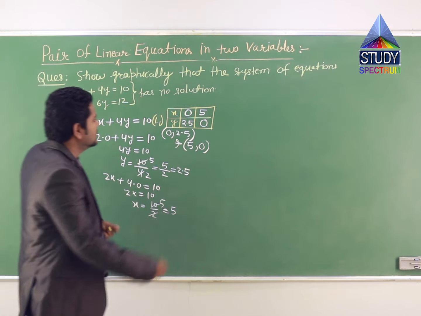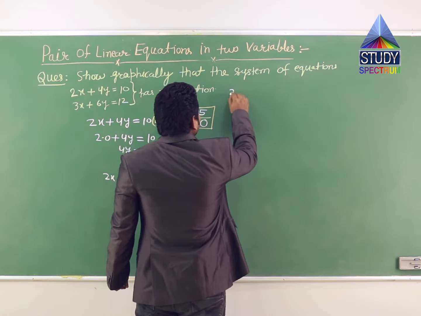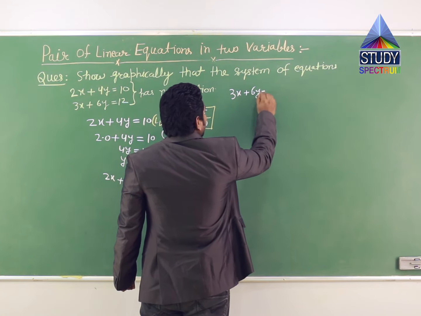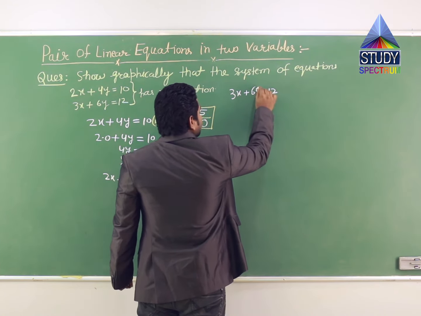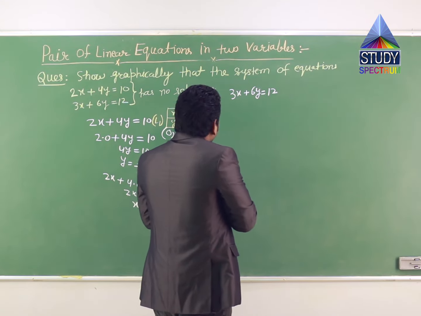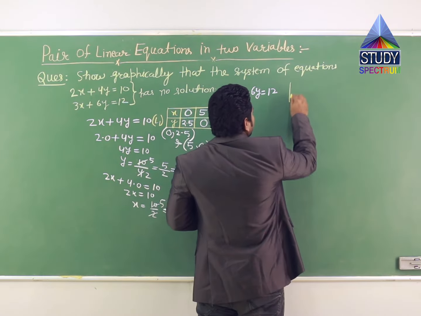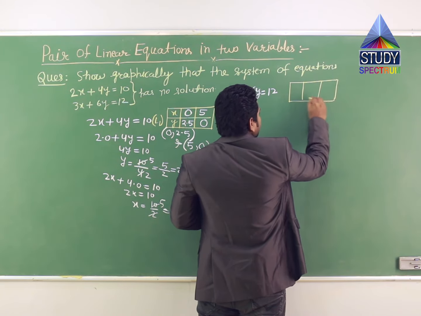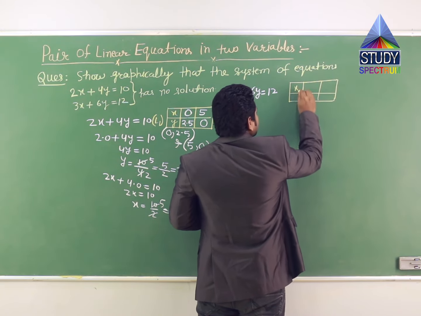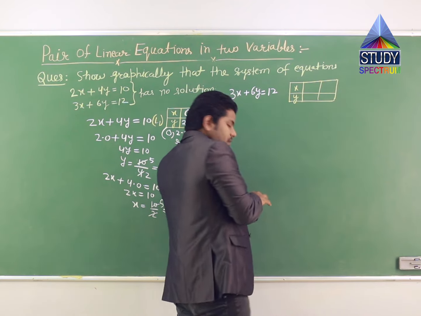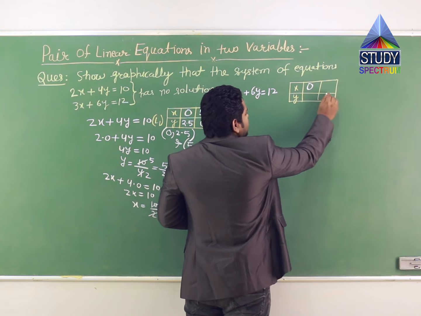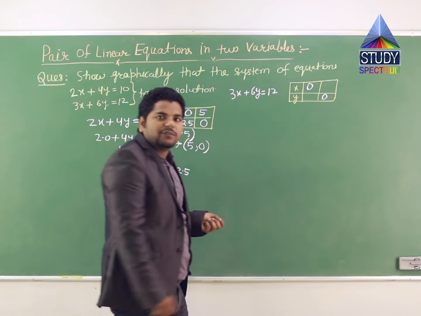The second line is 3x plus 6y equal to 12. Again we'll make a table: x, y. For getting the first point, we will substitute x equal to 0, and for getting the second point, we will substitute y equal to 0.